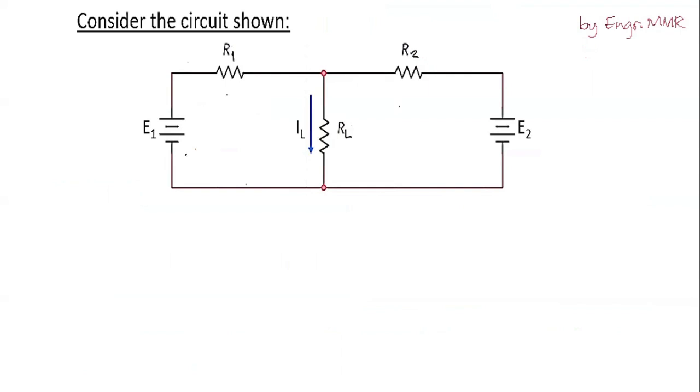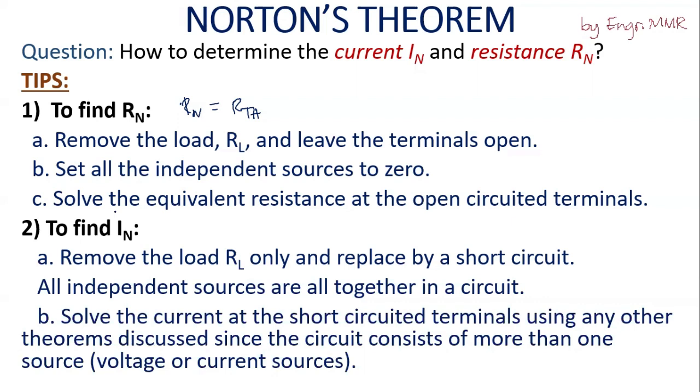So our goal here is to determine RN. Recall that in solving for the RN, we have the same method as with the RTH. We simply remove the RL and leave the terminals open, and then set all the voltage and current sources to 0.